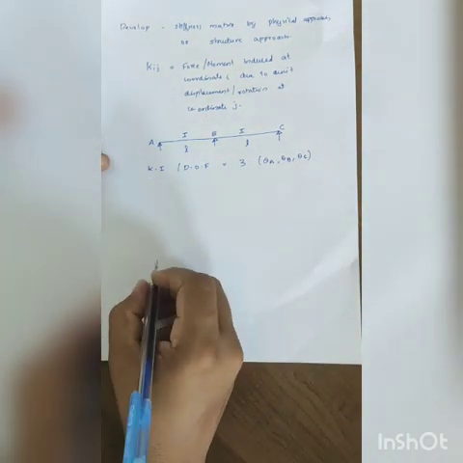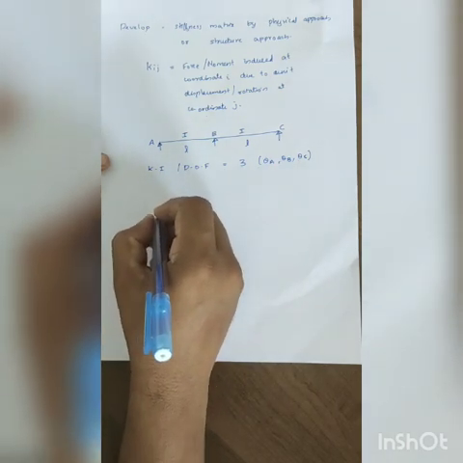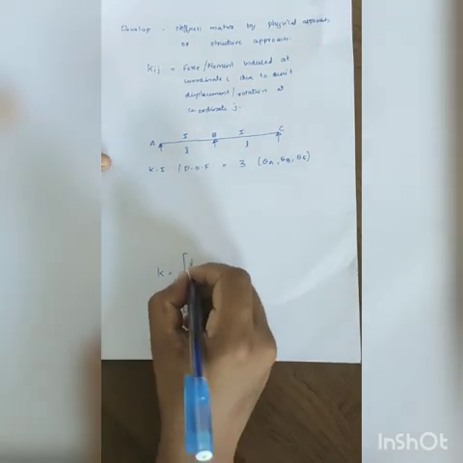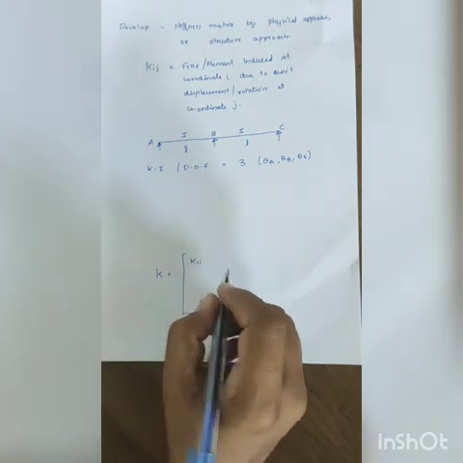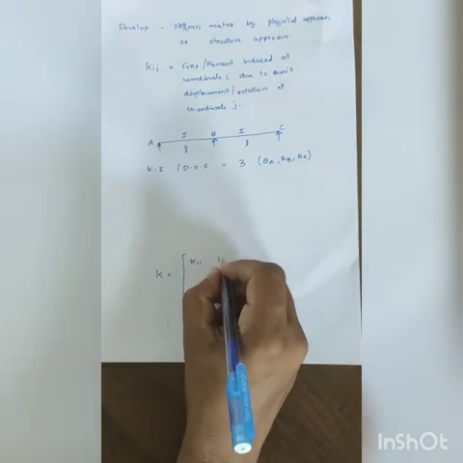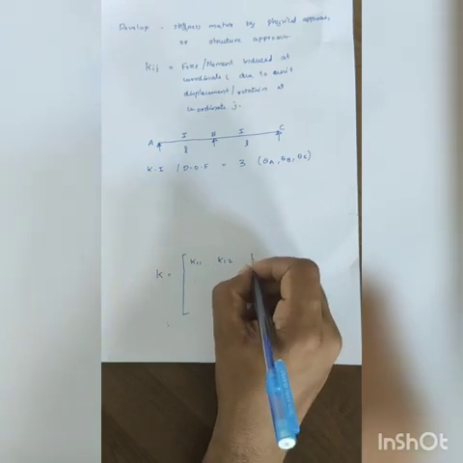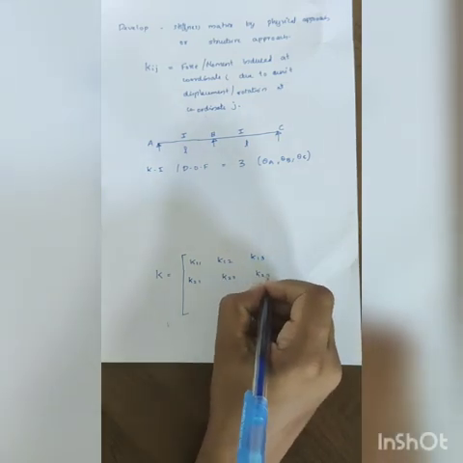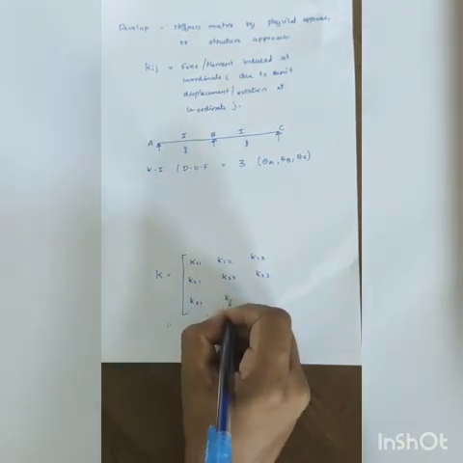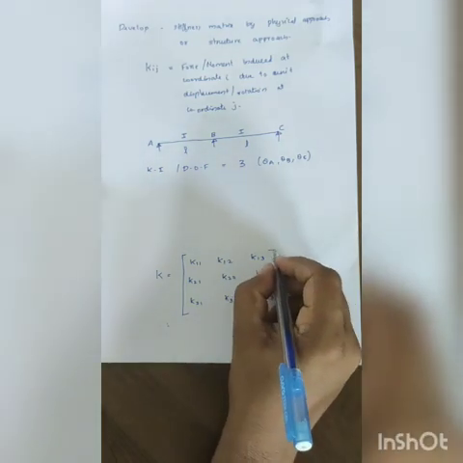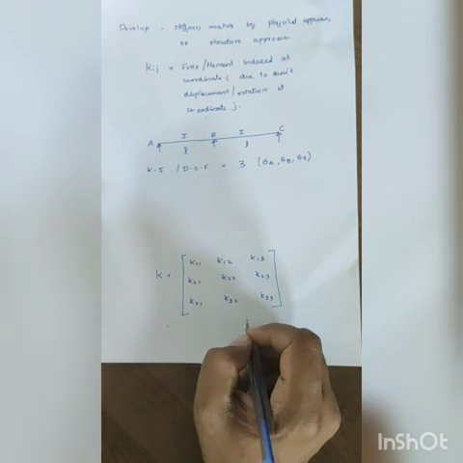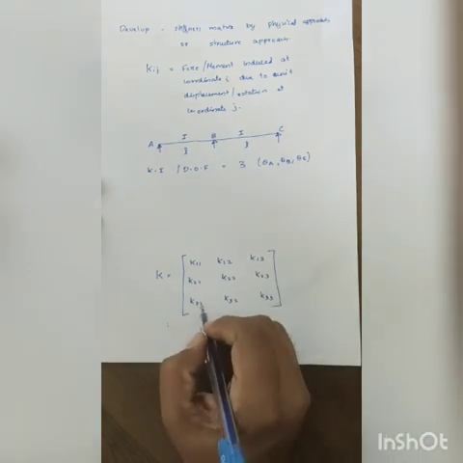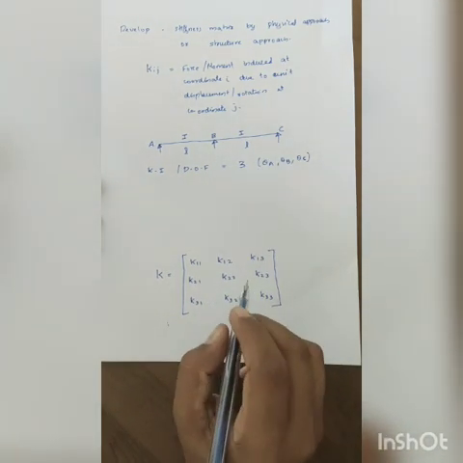So let me say that my K is going to have K11, K12, K13, K21, K22, K23, K31, K32 and K33. So our aim is to find all these 9 stiffness influence coefficients. If you are able to find all these, you can directly get the structure stiffness matrix.